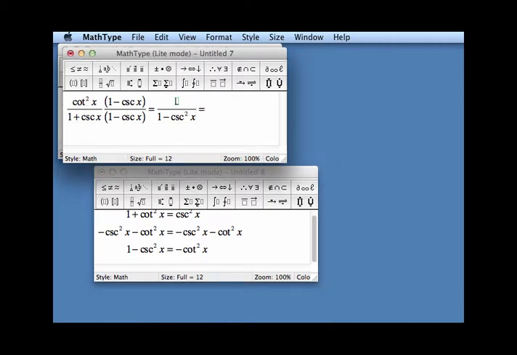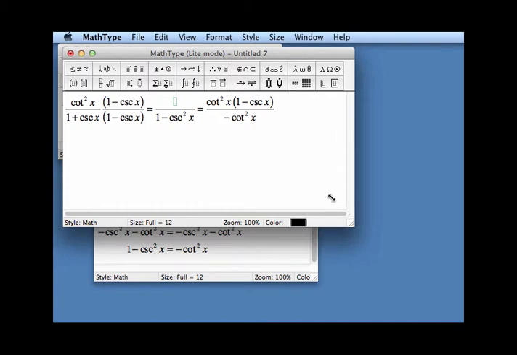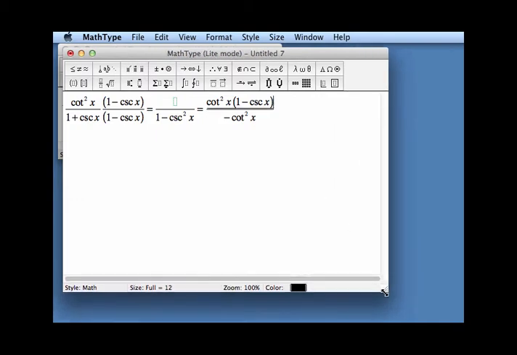So anyway, to continue this, the bottom could be replaced with a negative cotangent squared of x, and the top has a cotangent squared of x, and the factor 1 minus cosecant of x. Again, I'm going to purposefully not multiply these together because I want factored form. I want to be able to cancel out those cotangents.